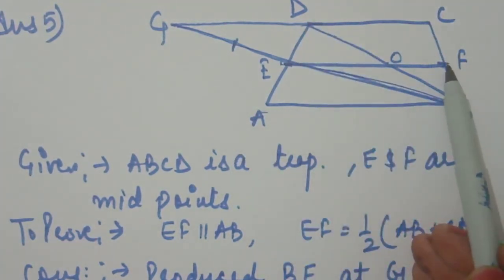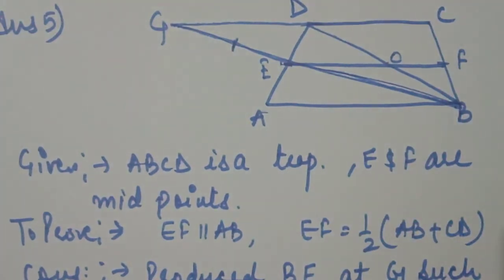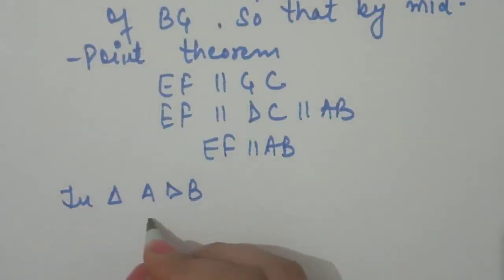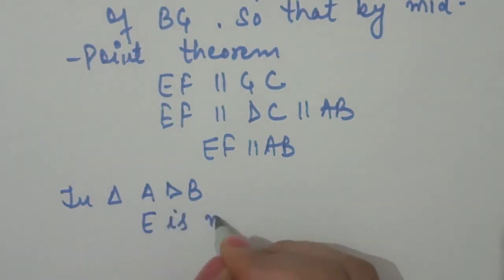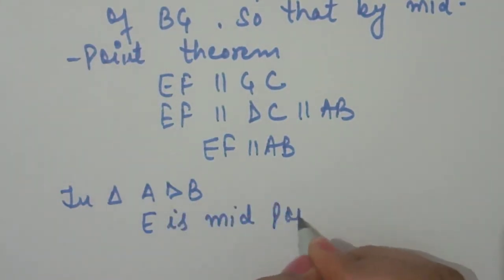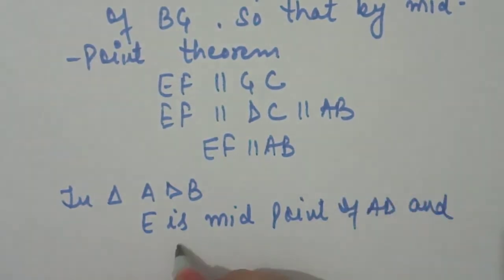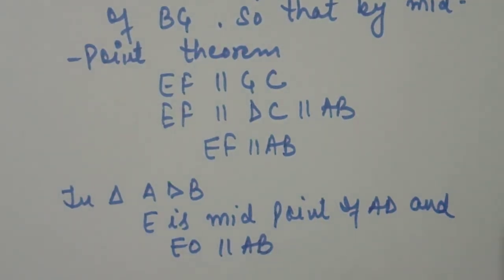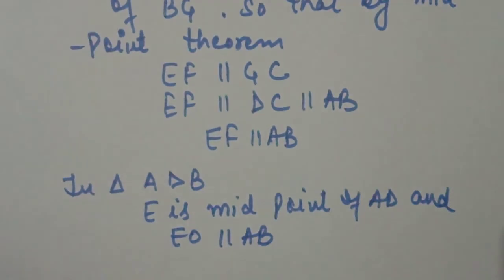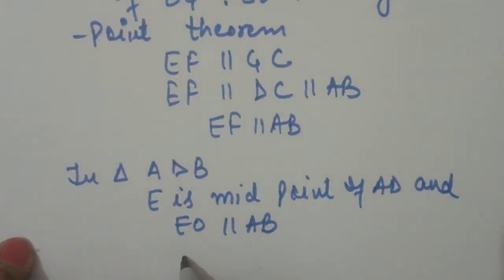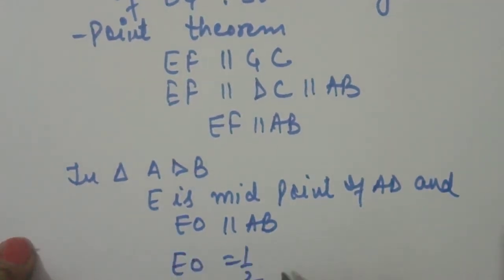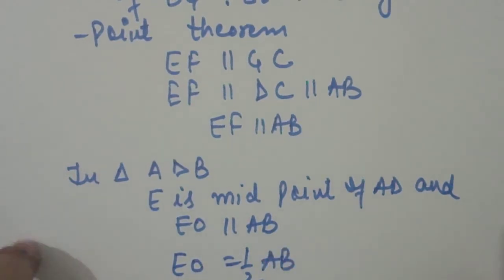So according to the midpoint theorem, EO is equal to half of AB.